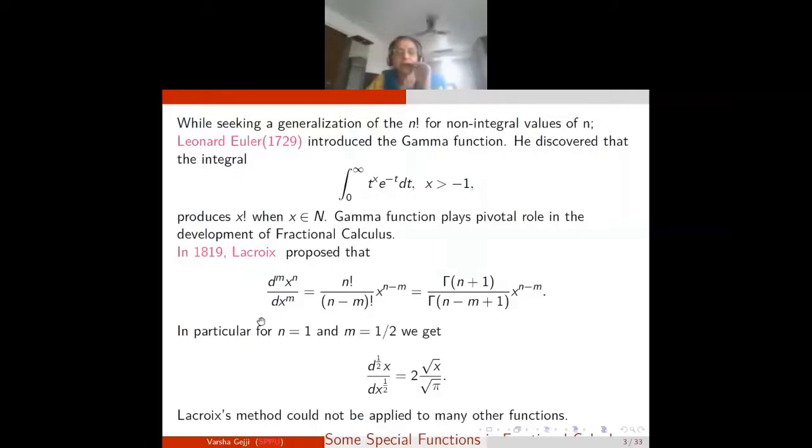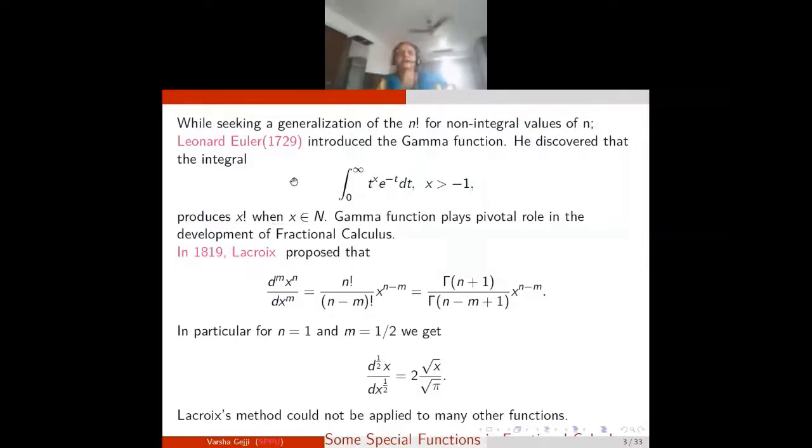Because a simple motivation is, if you take x to the power n and want to take the mth derivative, you have n factorial divided by n minus m factorial times x raised to n minus m, a simple formula. Now if m is not an integer, say some positive real number, then this n minus m would be some number which is not a natural number. So what would be its factorial?